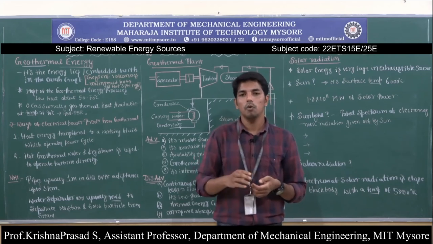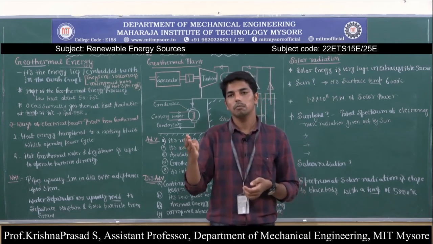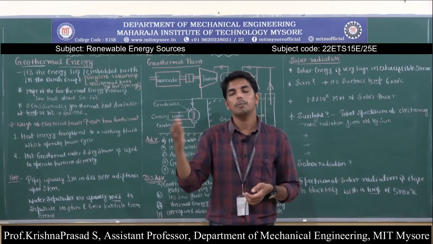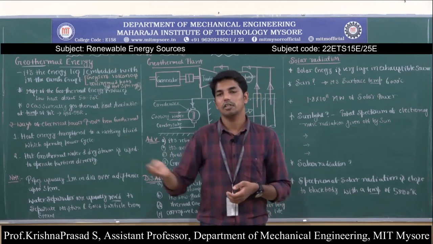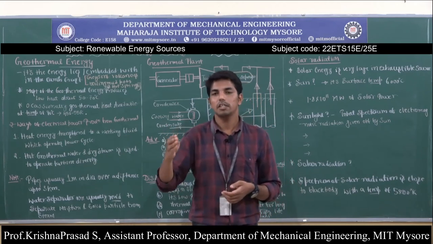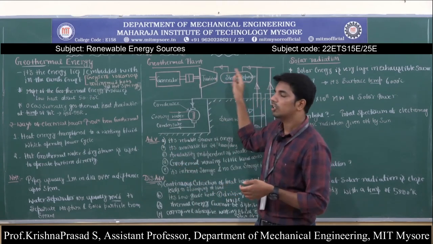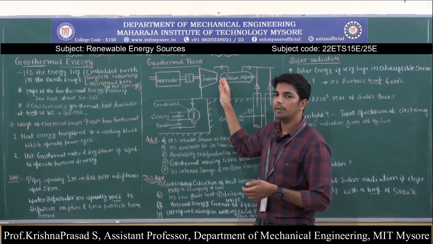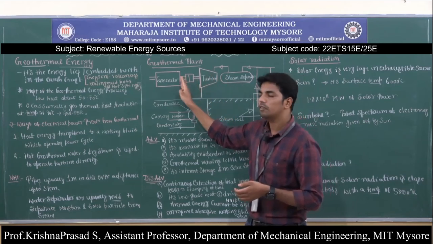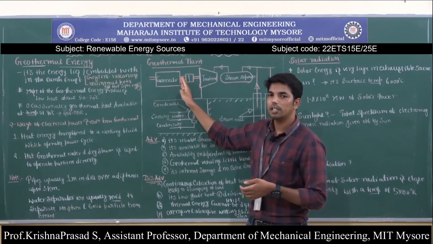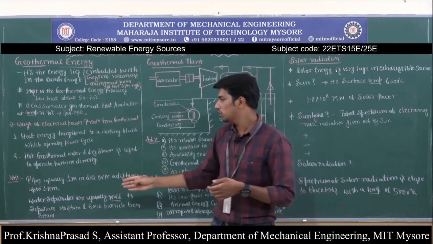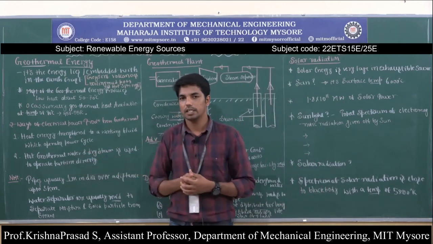Due to the pressure drop, water changes from liquid phase to vapor phase, that means it gets converted into steam. Once converted into steam, it is directly made to flow over the turbine in order to convert the heat energy of the steam into mechanical energy. Then it drives the electrical generator to produce electricity. So this is what happens in the second condition.